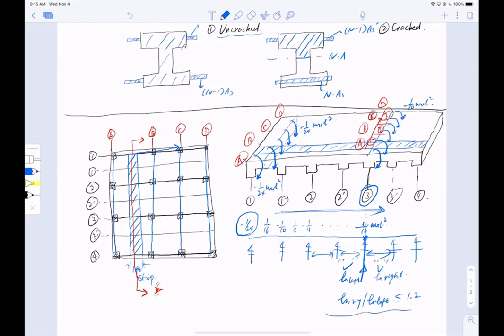So that is the geometry you are taking into consideration when you judge whether you can use moment coefficient or not. This is the common misconception I've seen so far. So get this picture in your head when you do the exam and make sure you know which direction is the bending direction.